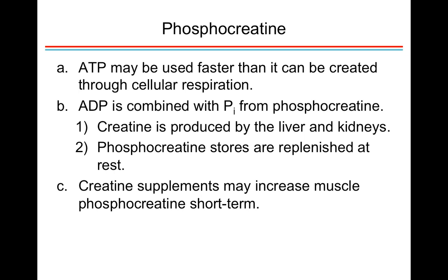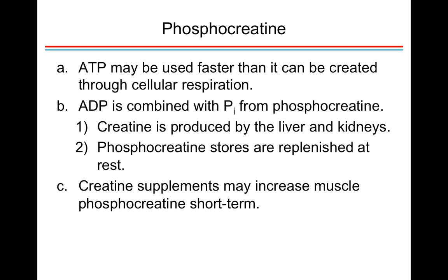So as you can imagine, we need tons of ATP for muscle contraction. Since muscle contraction can use more ATP than our cells can provide with cellular respiration, our body has a special mechanism to provide ATP under conditions where we need a lot of muscle contraction.